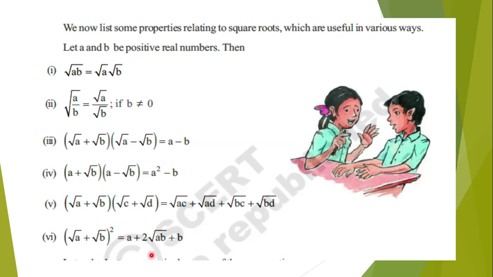Here some properties are given relating to square roots which are useful to solve problems in various conditions. What you observe on the screen, A and B are taken as positive real numbers.